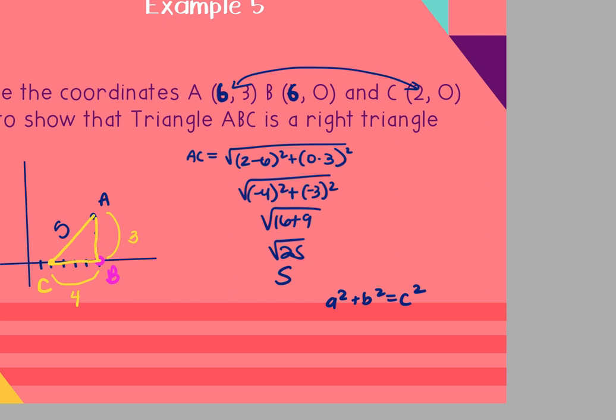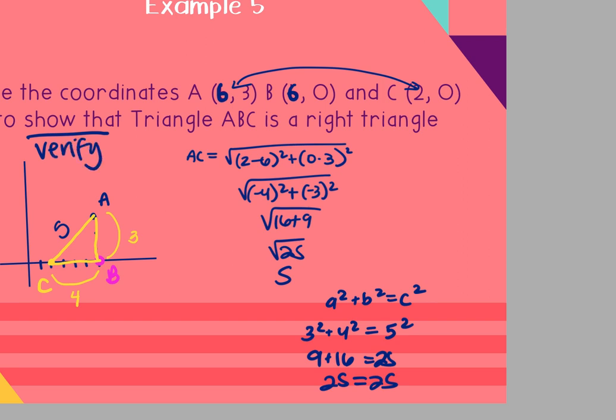A and B don't matter. So I can make this 3 squared plus 4 squared or 4 squared plus 3 squared. It doesn't matter. But 5 has to be the C. And 9 plus 16 shows me that this is a right triangle. So if it says show that or verify, the work is your proof. Simply drawing it is not enough information.